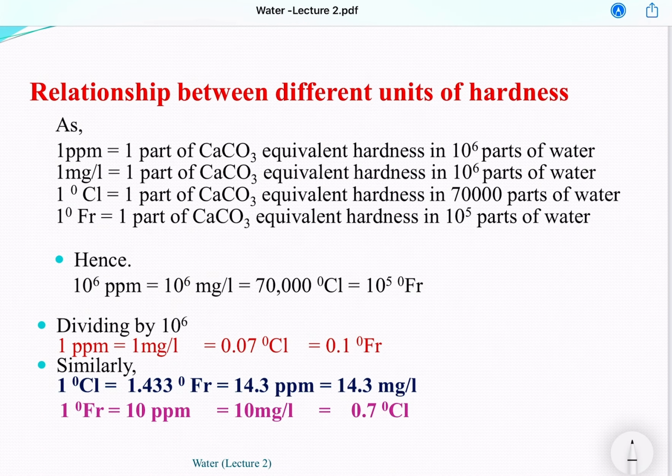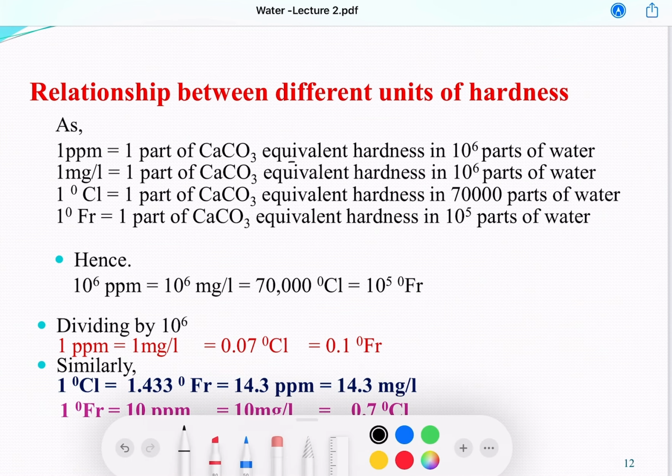See, as we defined, 1 ppm is 1 part of CaCO3 equivalent hardness in 10 raised to power 6 parts of water. 1 milligram per liter is 1 part in 10 raised to power 6 parts of water. Degree Clark, 1 part of CaCO3 equivalent hardness in 70,000 parts of water.